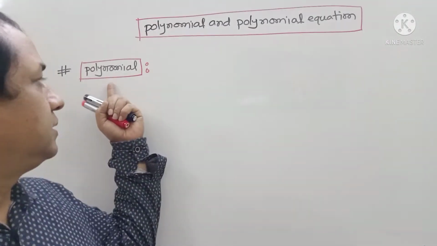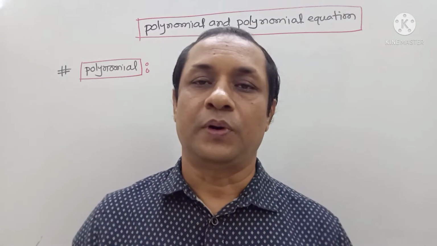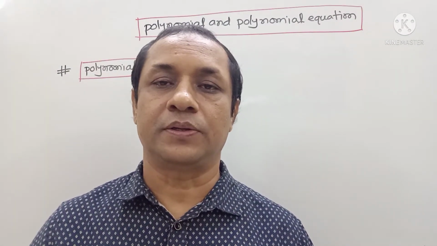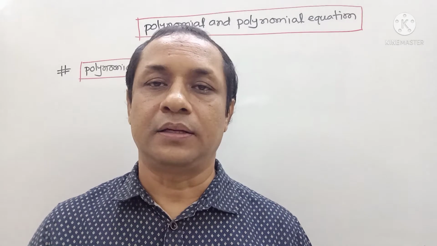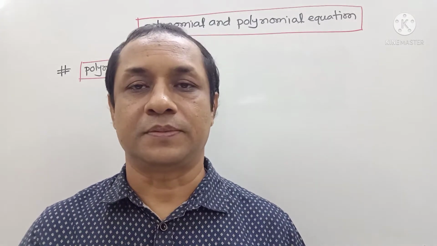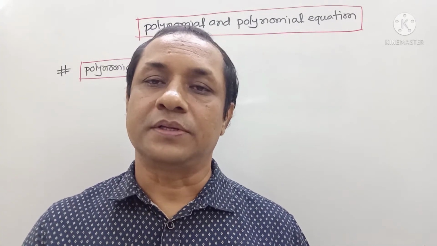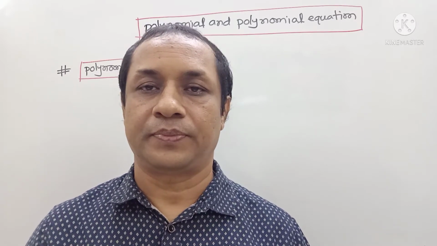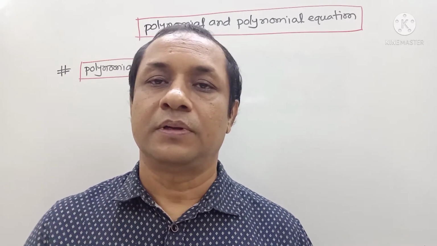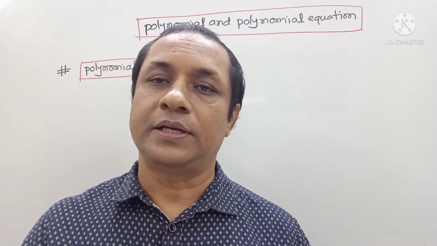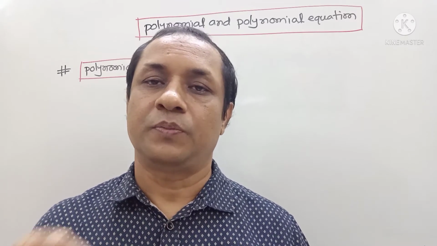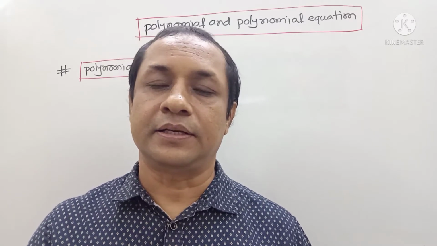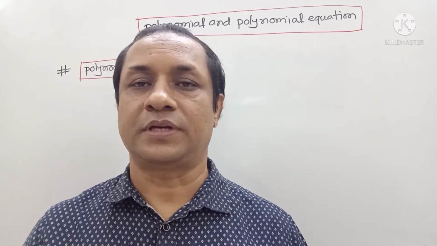What do you mean by polynomial? A polynomial is a kind of algebraic expression consisting of one, two or more terms, and each term consists of the product of a constant and a variable. The power of the variable is always a positive integer or non-negative integer, and there is a finite number of terms.